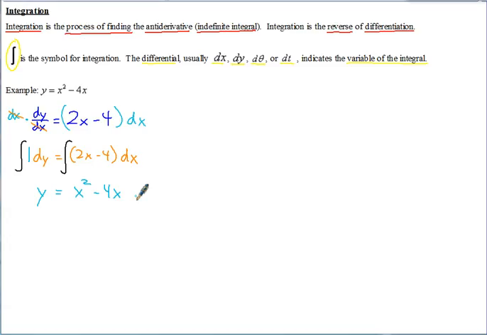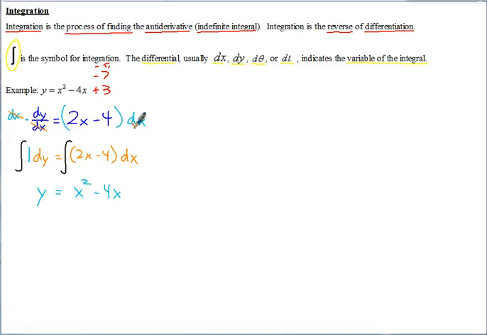You might think that's it. That gives us back our original equation. However, there's one more thing we have to account for. What if, for instance, there was a constant after the 4x, let's say of plus 3? Well, would the derivative have changed at all? No, because the derivative of a constant by itself is just 0, right? So that could have been negative 3, it could have been negative 7, it could have been 0, it could be negative pi. Any constant would have had the derivative of 0.